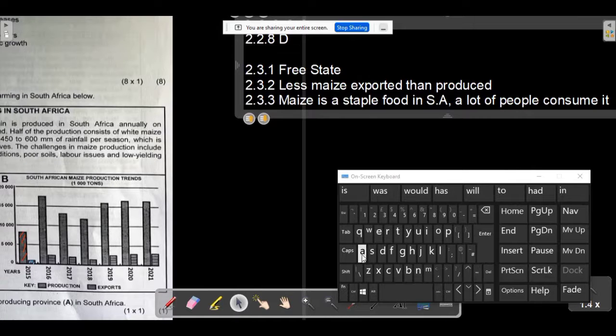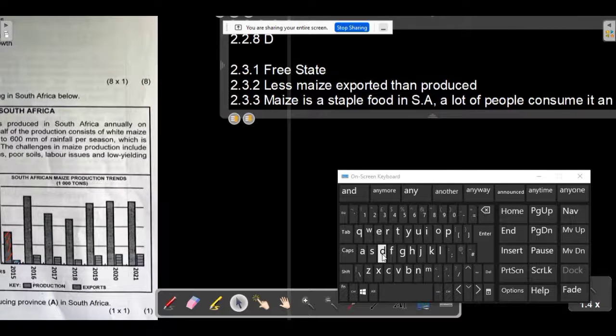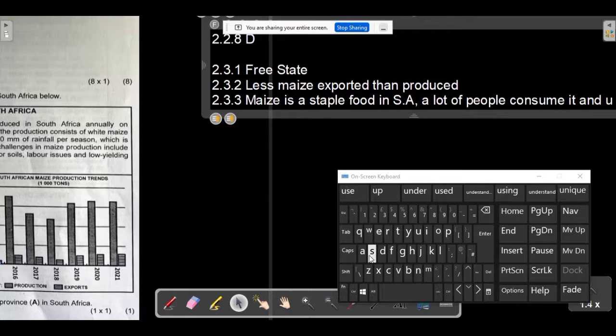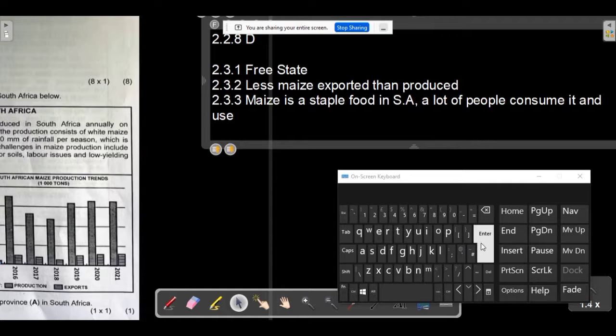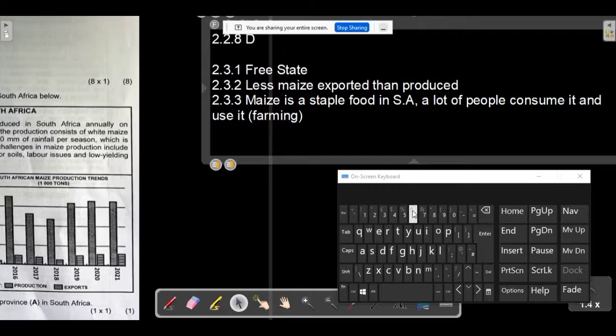And you can also use maize for farming, maybe for feeding your chickens. So that's the first one.